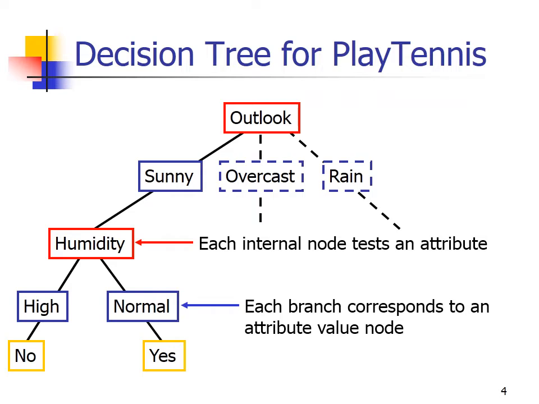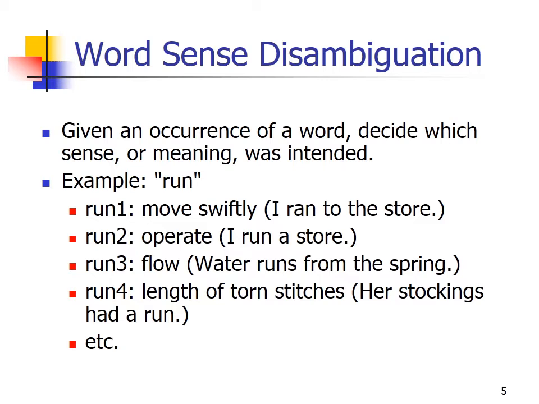Similarly, each leaf node assigns a classification. Here the possible classifications are either yes or no.